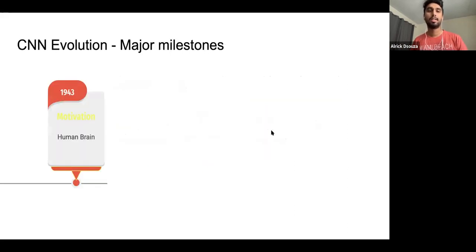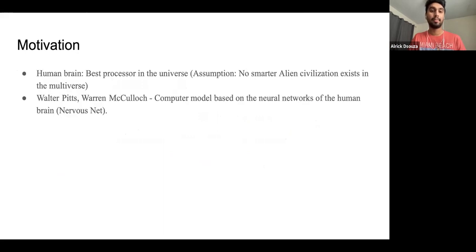So let's talk about some milestones and how CNN evolved over the years. Like many concepts, deep learning was also motivated from biology. It was motivated from the human brain, and we know that the human brain is the best processor out there, and it is natural to take inspiration from the human brain to build a computation model that can do classification, regression, object detection, and such tasks, which our human brain can do very easily and effortlessly.